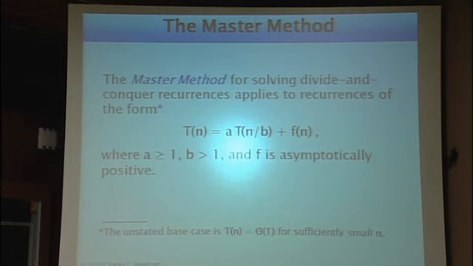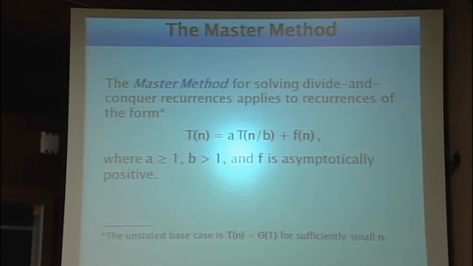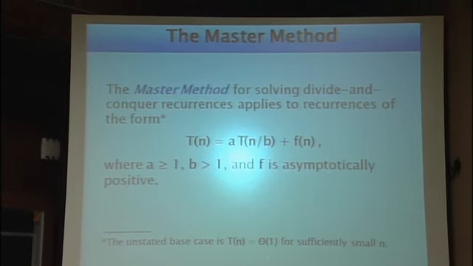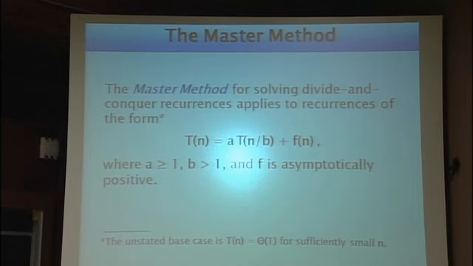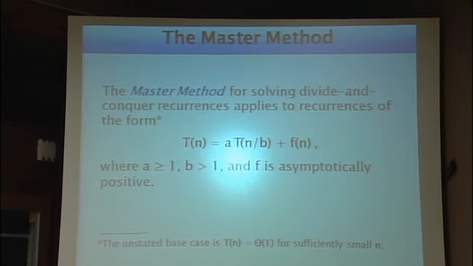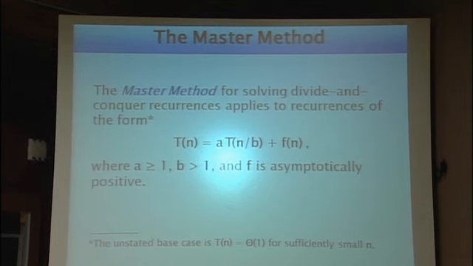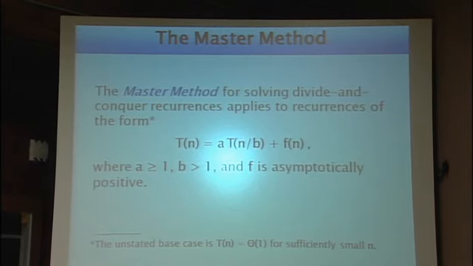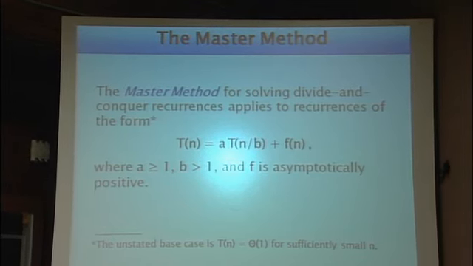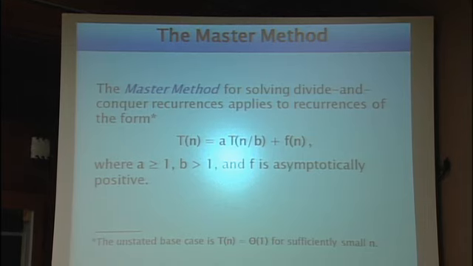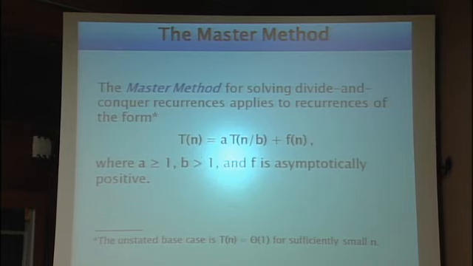When we give a recurrence like this, normally if the base case is order 1, it's convention not to give it, to just assume that when n is small enough, the result is constant. That's the place where this differs from the way that we solve recurrences for caching, where you have to worry about what is the base case of the recurrence.